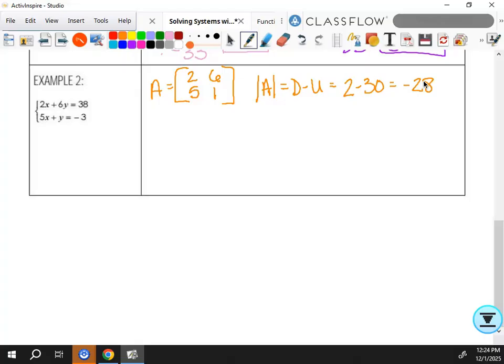All right. So now we're going to find x. I know I'm dividing that by negative 28. Write down the 4 numbers that go in the numerator, since we are looking for x. When you are looking for x, you replace the x column.